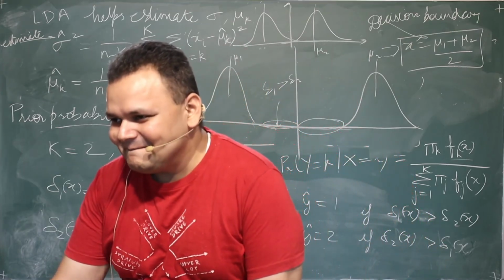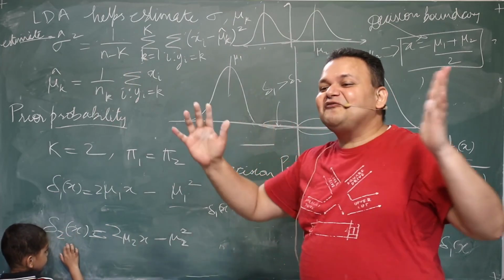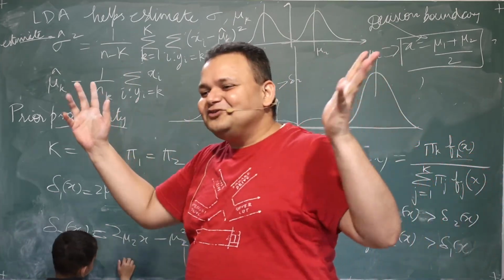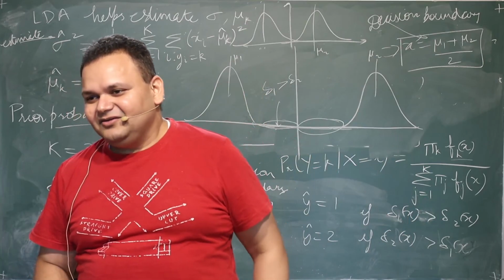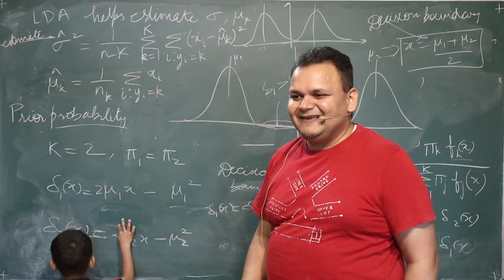So here the region of confusion is much bigger in this particular kind of distribution.